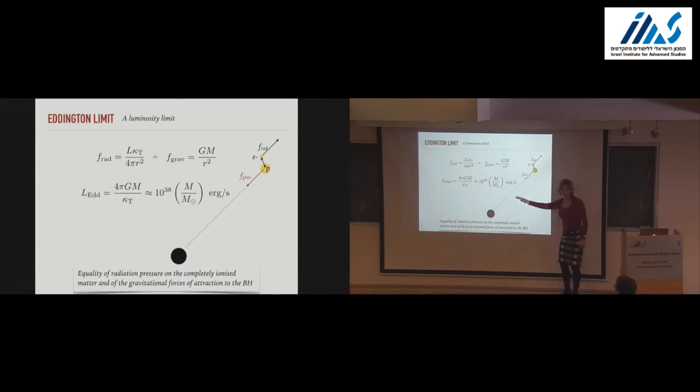Instead, I've kept my system fixed, and it's like I'm assuming that the time it takes for the photons to propagate from here to here is faster than the time it takes for the system to halve its radius.